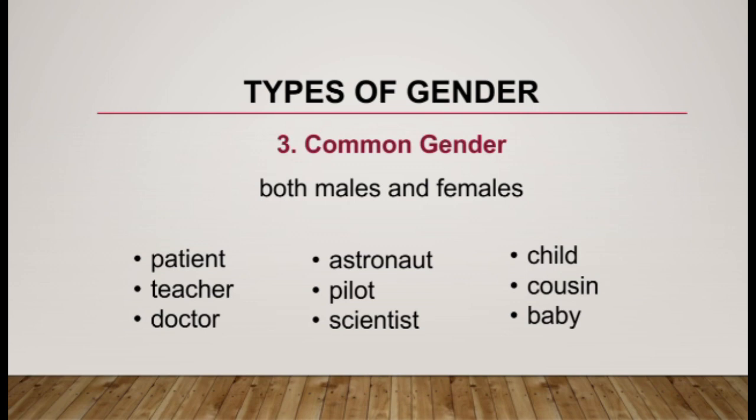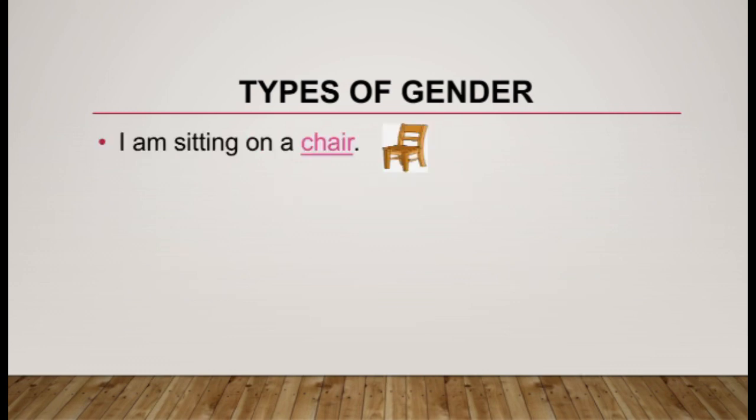Now let us read a few more sentences and see what gender the underlined words belong to. The first sentence is, I am sitting on a chair. What gender is chair? Is it female? No. Is it male? No, it's neither female nor male.